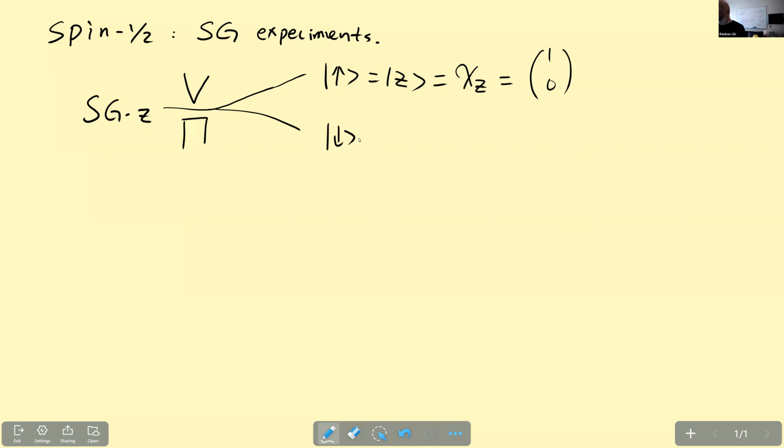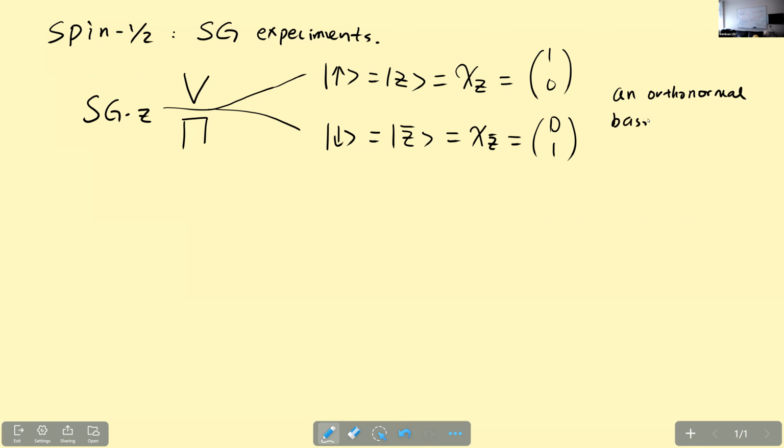For the other possibility, we have spin down, the z bar direction, chi z bar, which is (0, 1). This forms an orthonormal basis of the 2D Hilbert space. So this is for the measurement in the z direction.